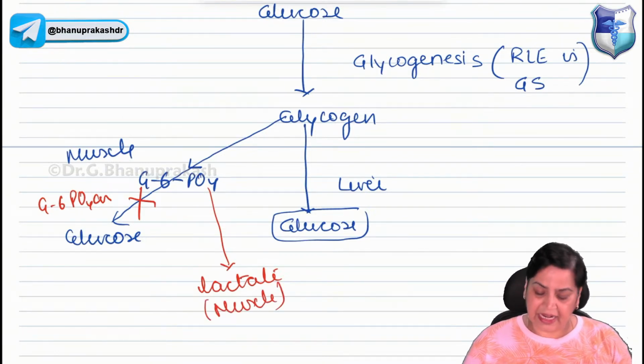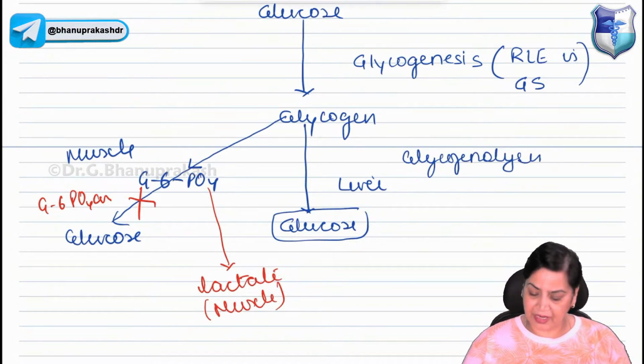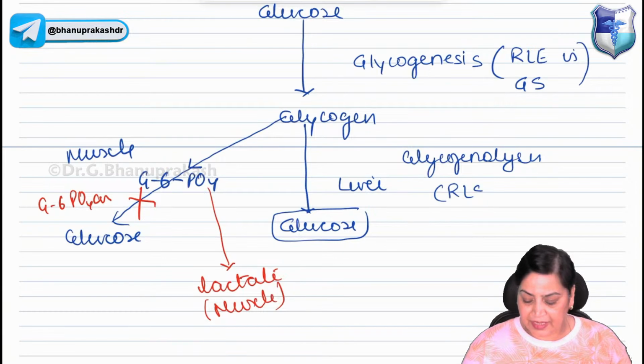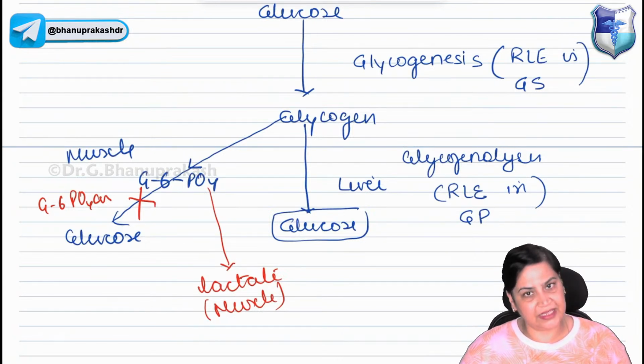Clear? And this process is glycogenolysis. Conversion of glycogen to glucose is glycogenolysis. And always remember the rate limiting enzyme in glycogenolysis is glycogen phosphorylase. This is what we discussed yesterday.